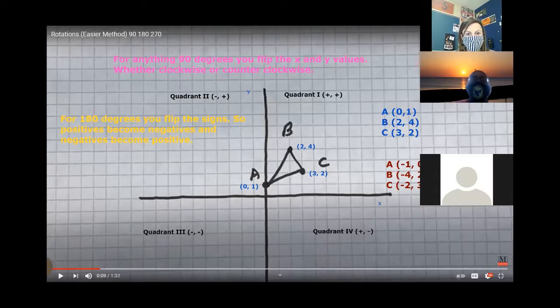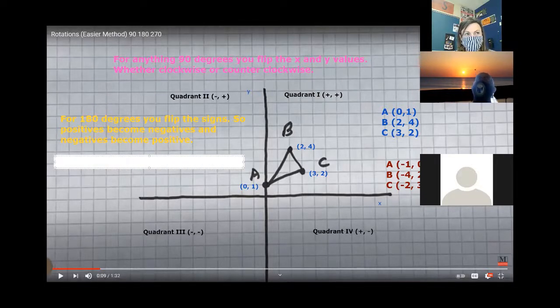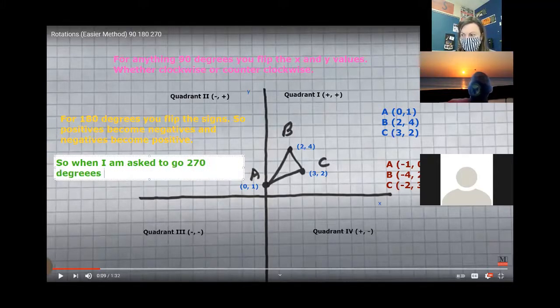So let me go back to green. When I am asked to go 270 degrees in one direction, I don't do that.